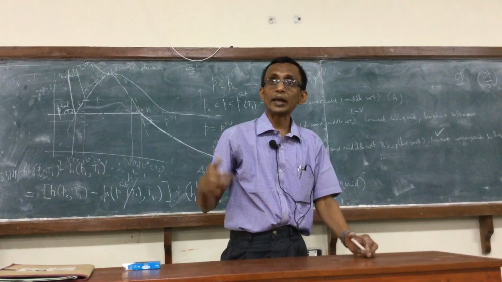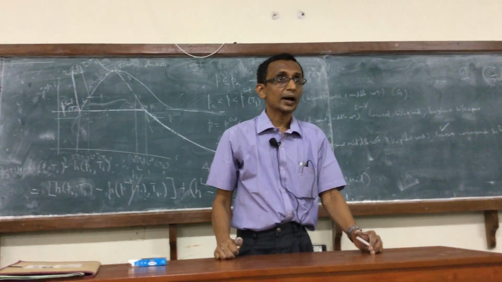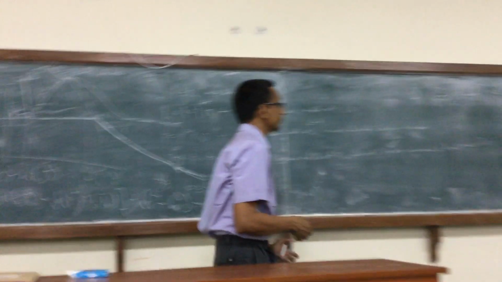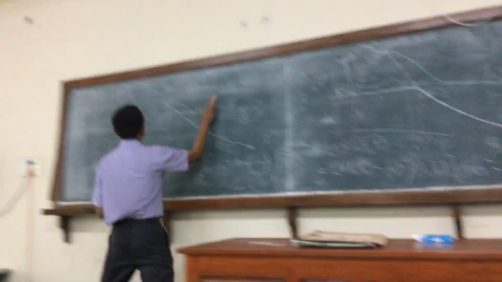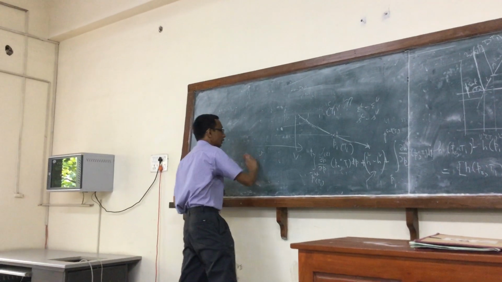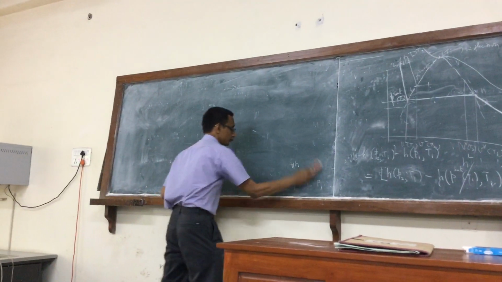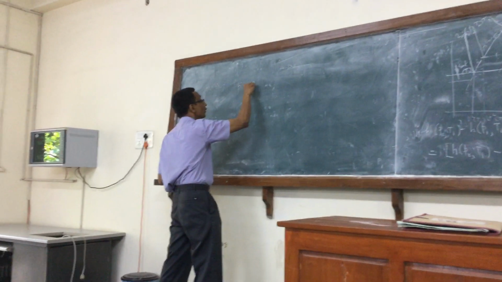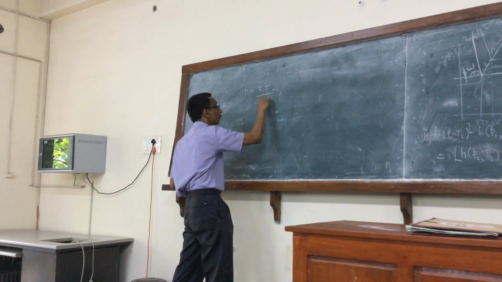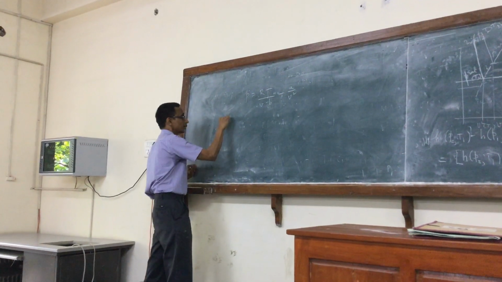Right? So let's now take an equation of state, right, and apply this. So the simplest is the van der Waals equation of state. So I will take the van der Waals equation of state and see what happens at the critical point. Let's take dP/dV.